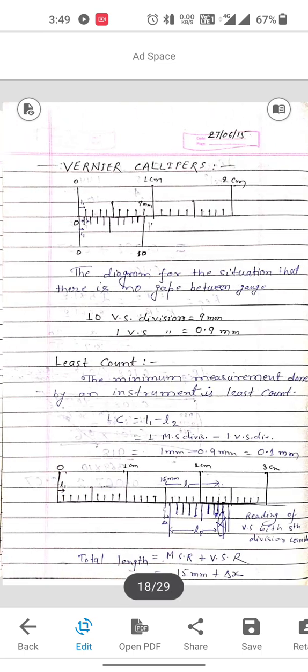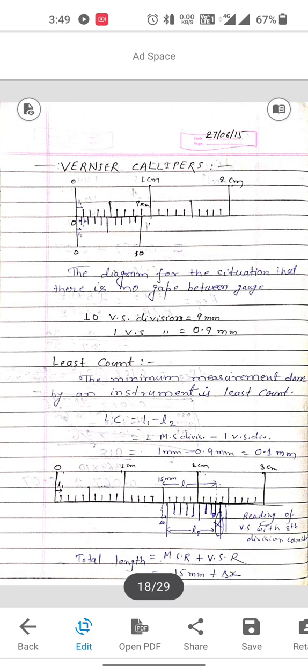Now here, as shown, the vernier scale is at the bottom and the main scale is on top. The 15 division of the main scale is coinciding with the vernier scale, and the 8th division of the vernier scale is coinciding with the main scale.